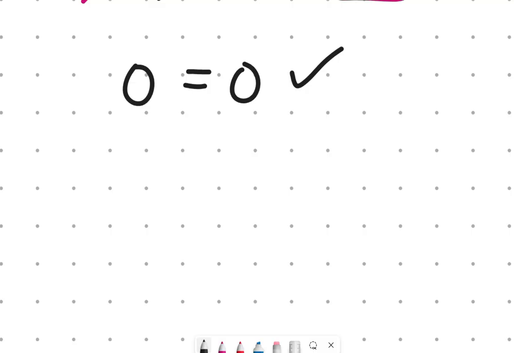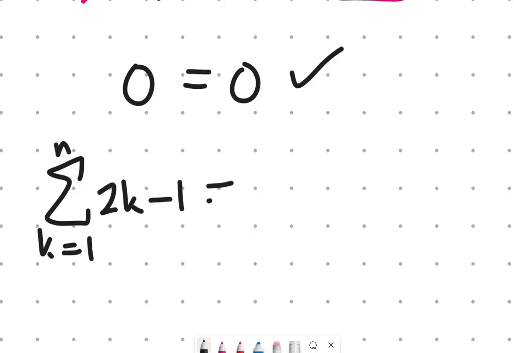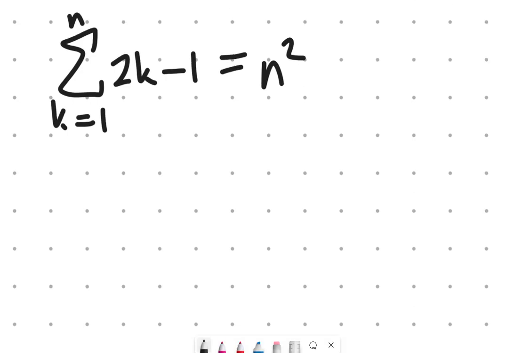Which means that at the end, we can say that the sum for k going from 1 to n of 2k minus 1 is just equal to n squared. Now, we can also think of this in a geometric way. Just try to imagine a block where n is equal to 1, so this is the 1.